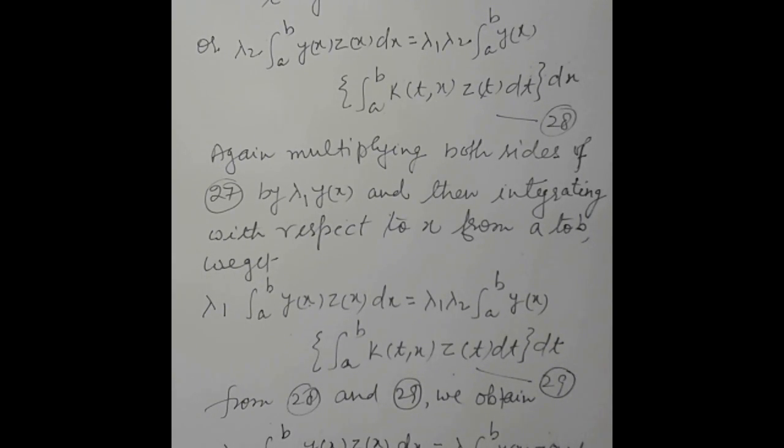Or lambda 2 minus lambda 1, taking the integral from a to b y(x) z(x) dx common, we have lambda 2 minus lambda 1, the integral from a to b y(x) z(x) dx, equal to 0.